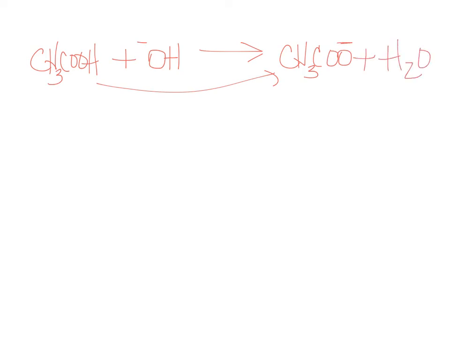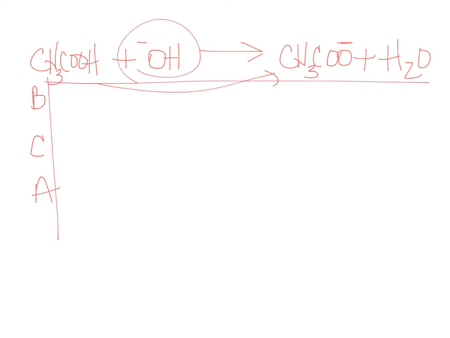And so here's what you write to set up your mole table. All right, so you need to know the beginning mole value, change of the mole value, and after. All right, BCA table. All right, so the moles of hydroxide, or the contaminant, is what you need to start with.